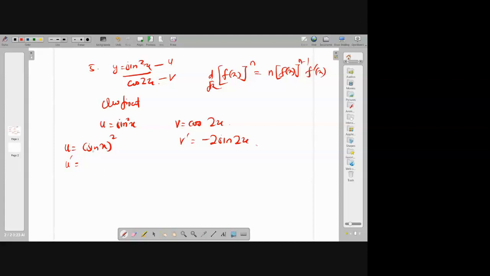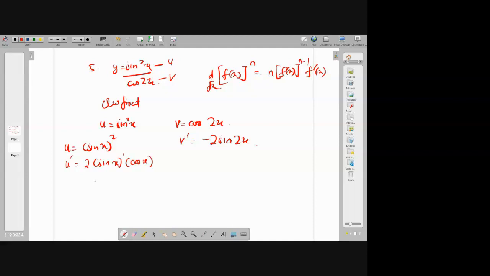Now, let's differentiate this. So we have 2 sine x times cos x.